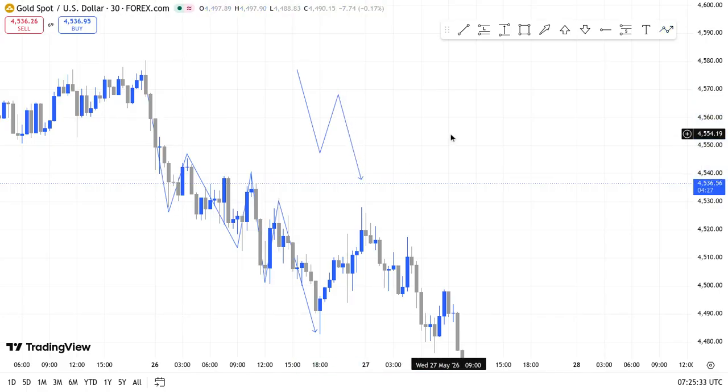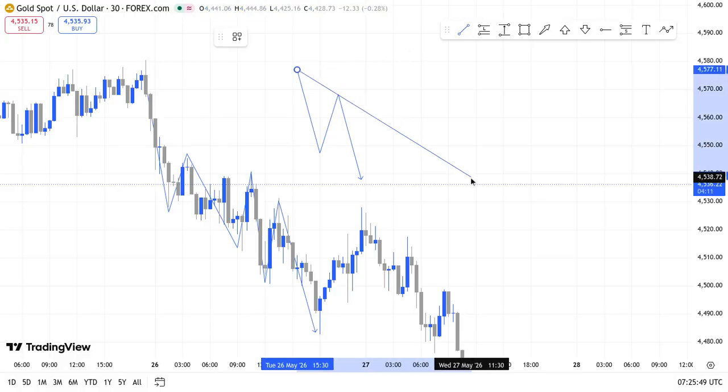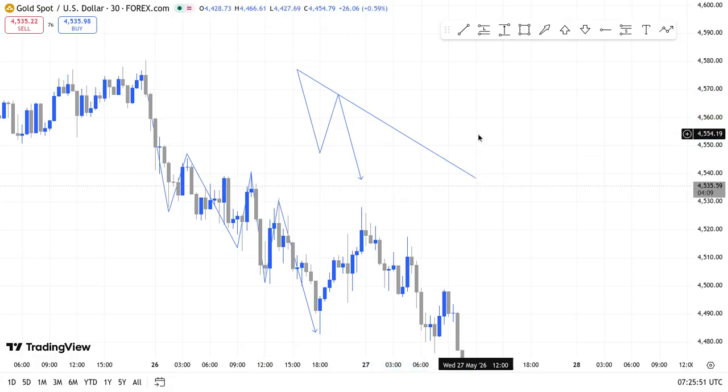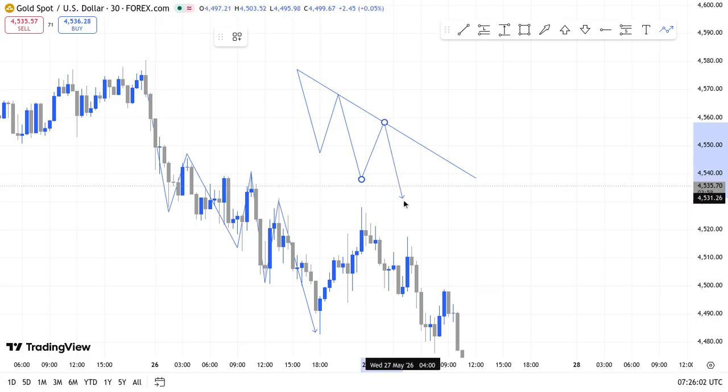First thing you can use as a trader to make some money out of the market, you can use a trend line to locate where the possible higher high, higher low, lower low, or lower high can be made. So you do like this. You simply draw a trend line from the first lower high to the second lower high, and the market will retrace to respect the trend and keep pushing.